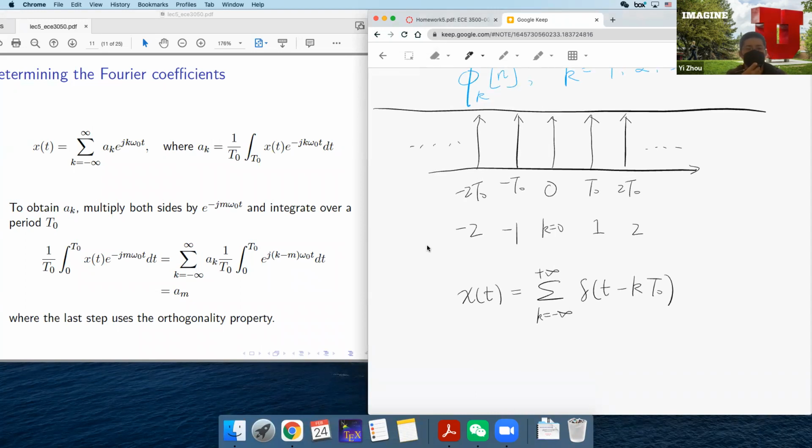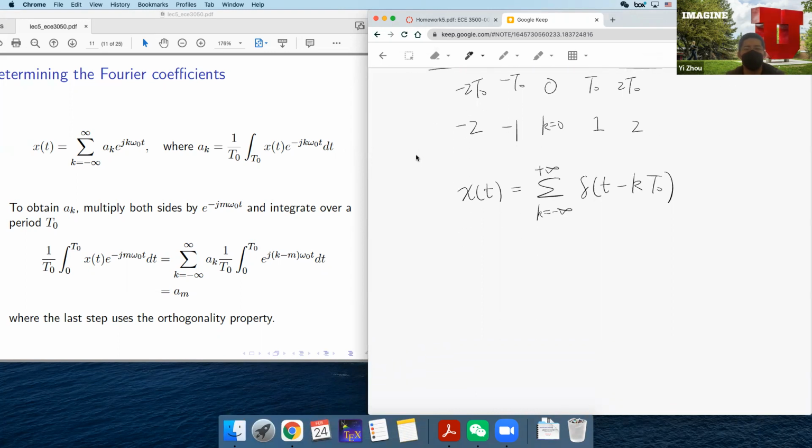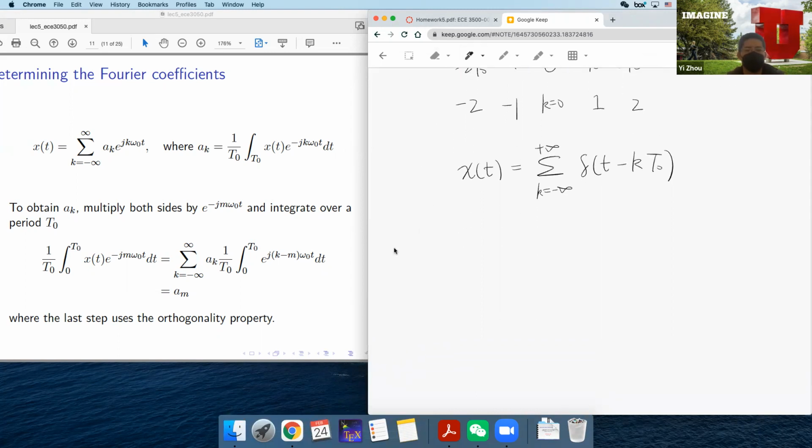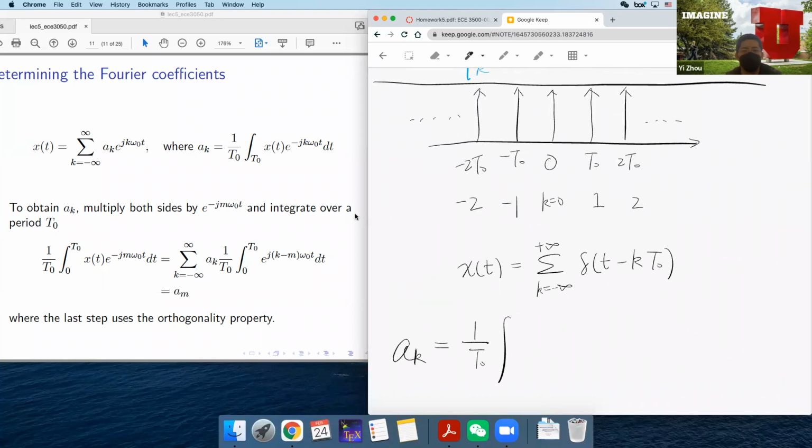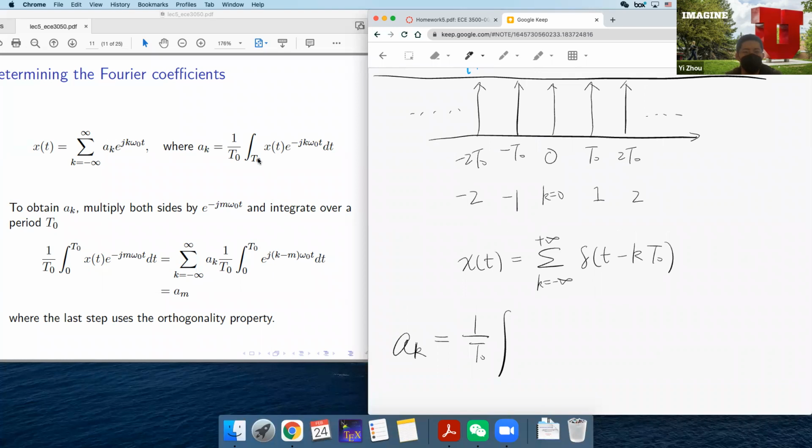Okay, so let's take a look at this one. Let's follow the formula. We're integrating over one period.